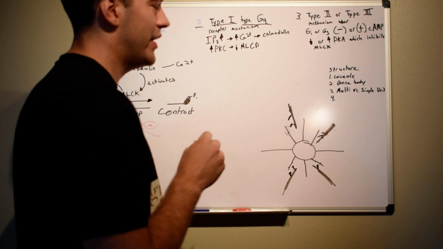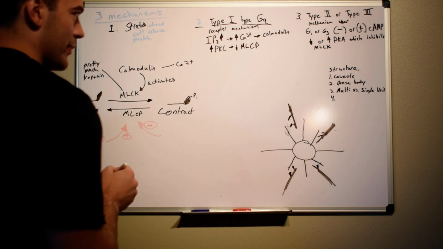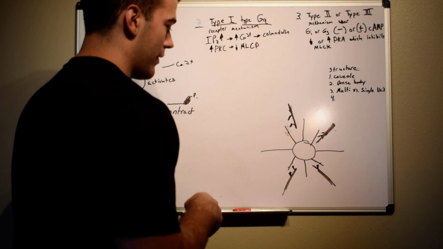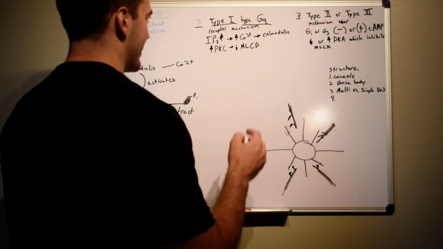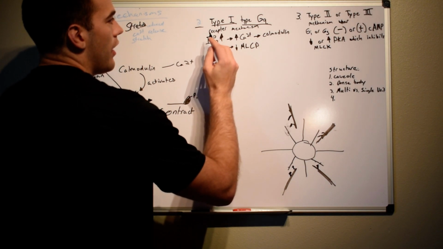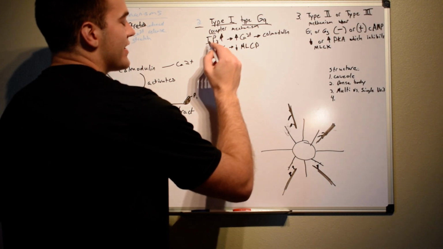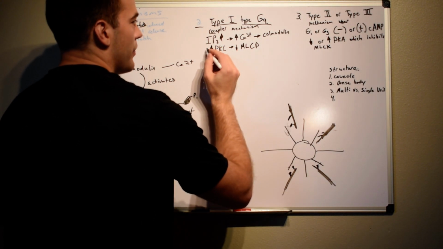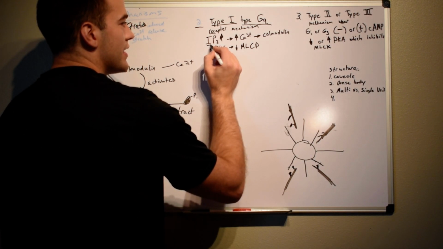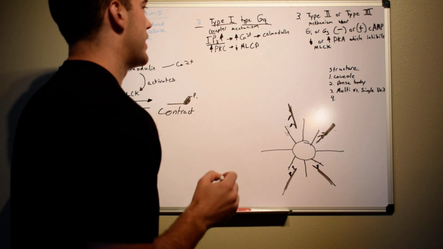Gq might sound familiar. I said Gentleman's Quarterly for the type 1 mechanism in our autonomics video. It activates a couple different things, but it's going to increase the level of IP3.